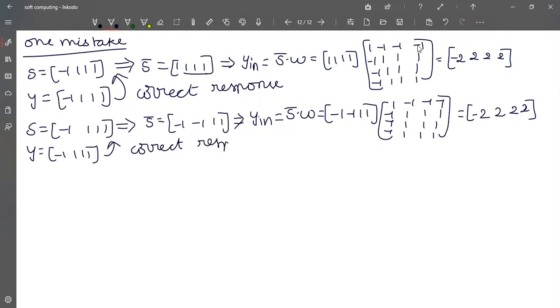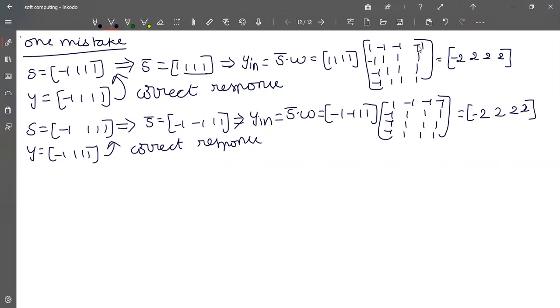And similarly, you check for the rest of the two values by changing each sign and making a mistake of one value, and see whether you are obtaining the correct response or not.